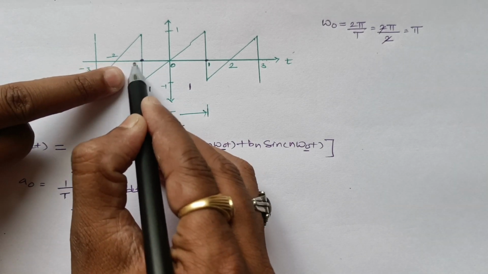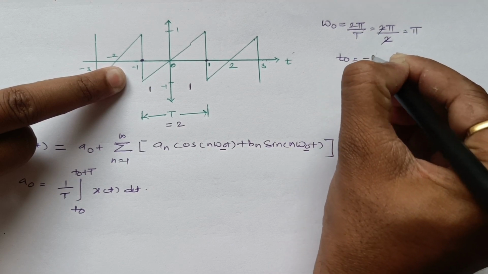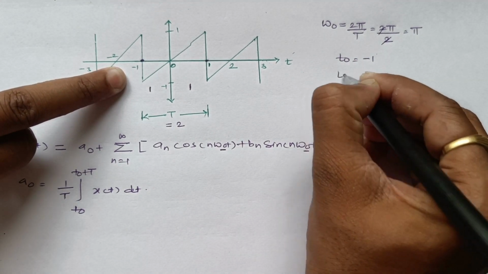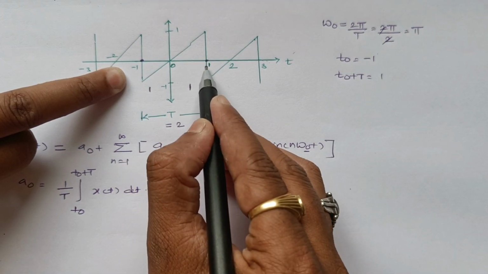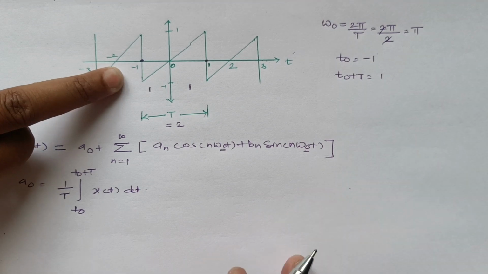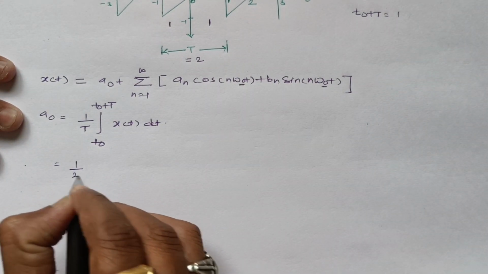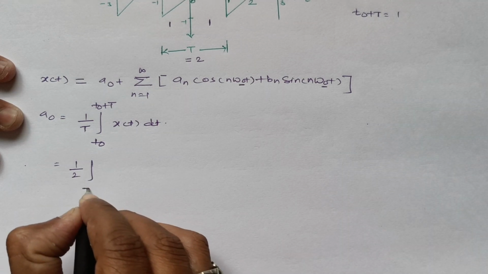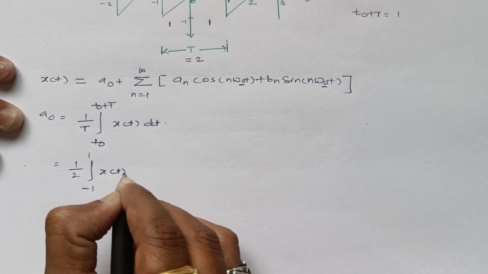We have assumed the lower limit as -1, so we can write t naught as -1, and the upper limit t naught plus T will be +1. Sure, when I add equal amount of time here, it is 1 second. So we can write 1 by T is nothing but 1/2, integration from -1 to +1 x(t) dt.